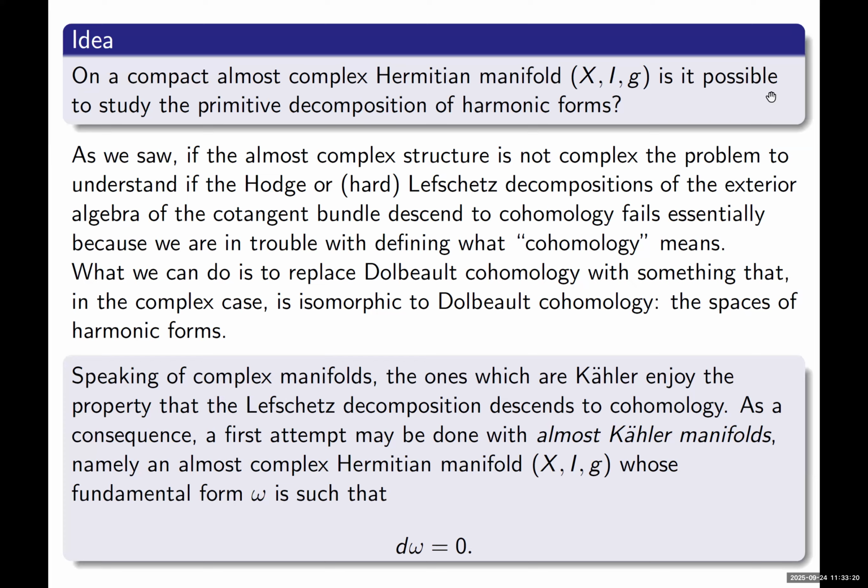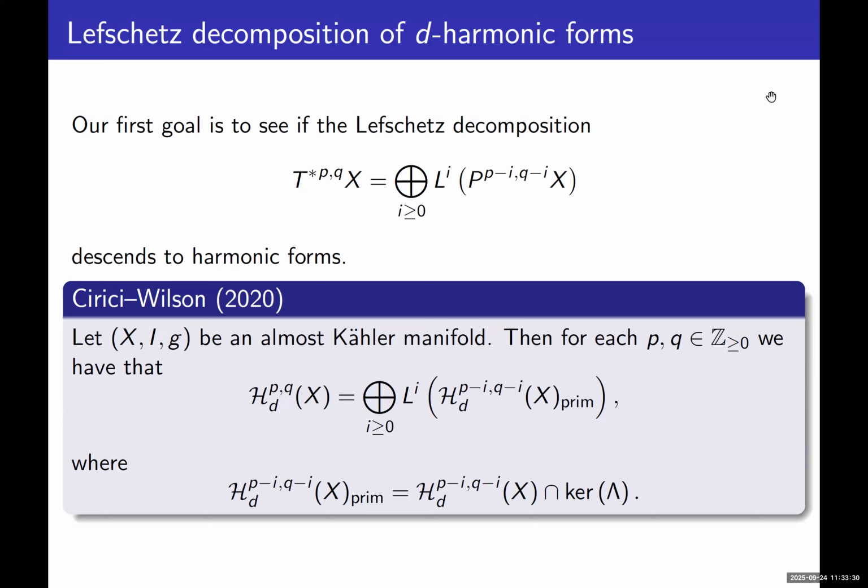What we lose here, of course, is that now I is not necessarily complex, but maybe only almost complex. So the first goal is to see if the Lefschetz decomposition of the types descends to d-harmonic forms. And this, in fact, is the case.